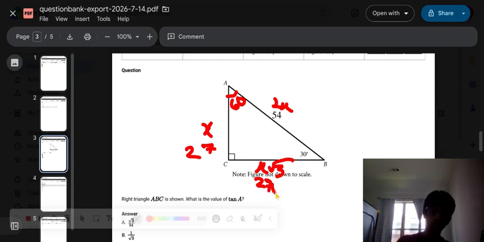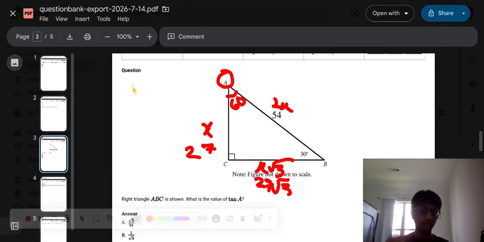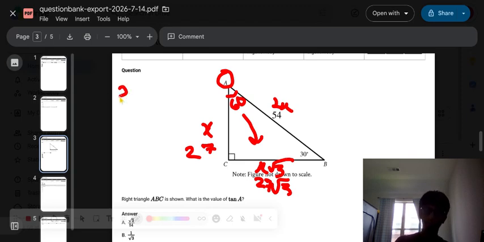And now we need to figure out what is tan A. We know that this is the angle, this is our theta, and we're trying to figure out what is the tan of this. So remember, SOHCAHTOA, TOA: tan is opposite over adjacent. Your opposite is 27 square root 3 divided by your adjacent, which is 27.